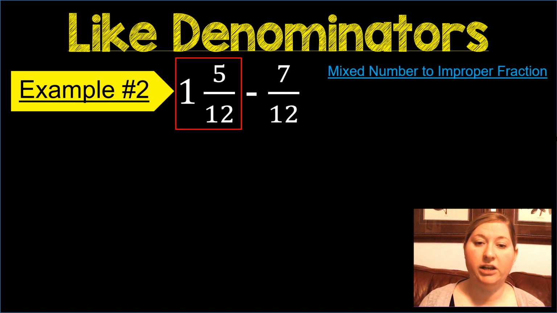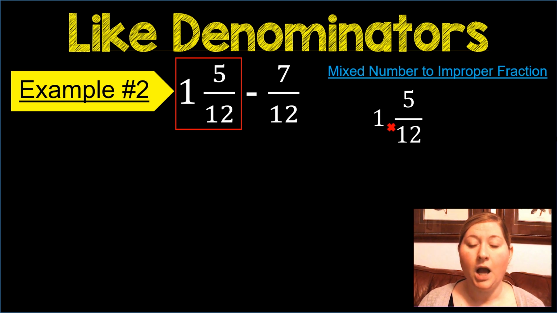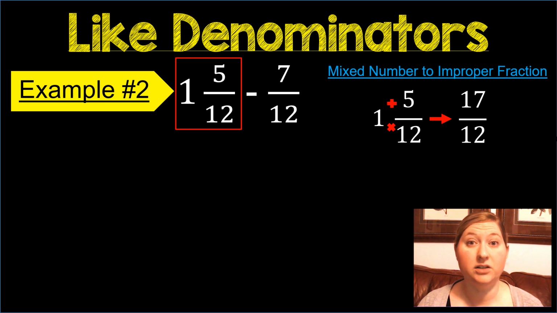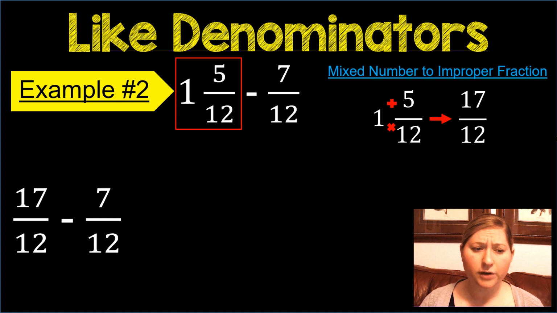So in order to change to an improper fraction, I'm going to take the denominator and multiply it by the whole number. 12 times 1 will give me 12, and I'm going to add it to the numerator. 12 plus 5 is going to give me 17. And you also keep the denominator the same. So I'm going to keep 12 in the denominator. All right. So if I rewrite the problem, I have 17 over 12 minus 7 over 12.